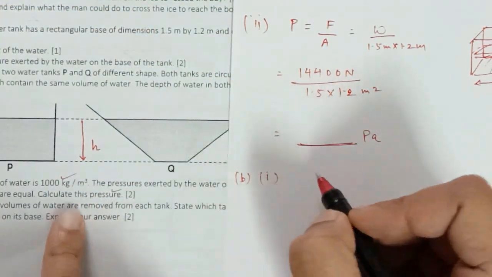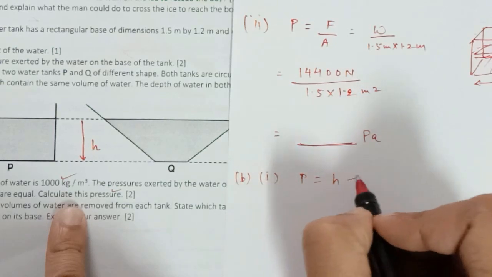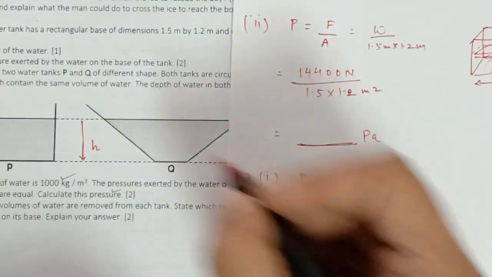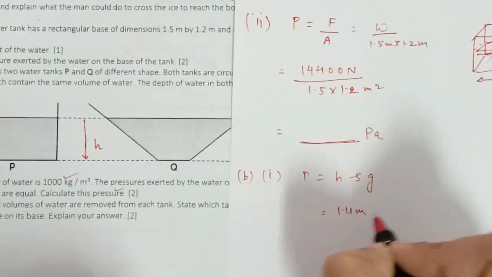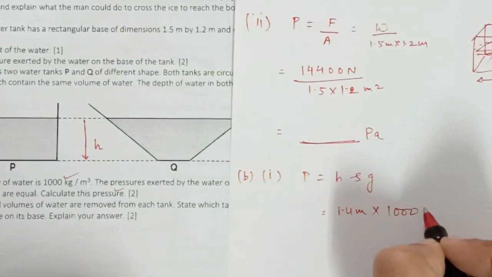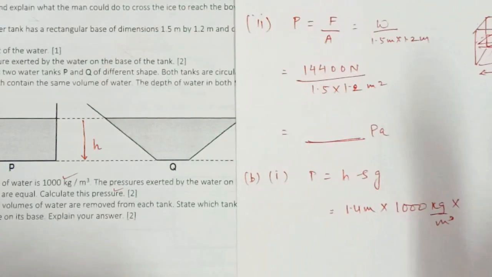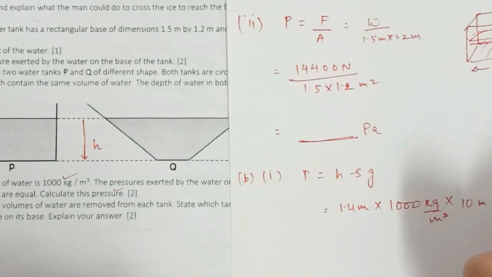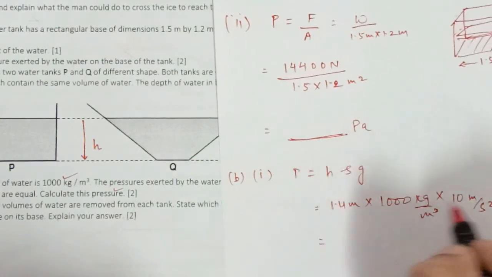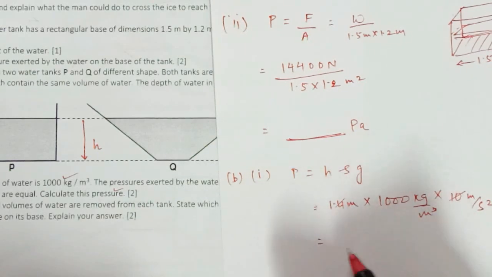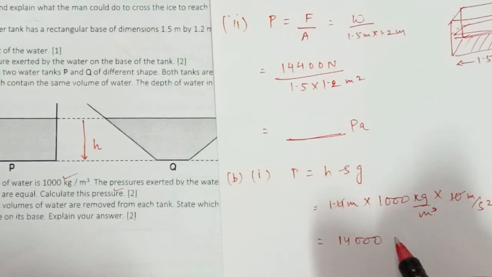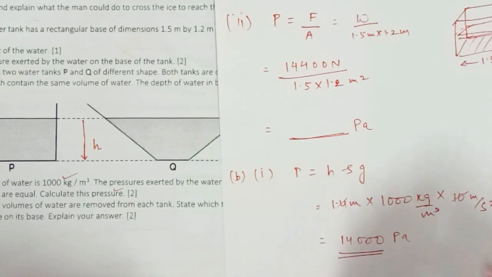First part: pressure is equal to H rho g, right? H is the depth, which is 1.4 meter. Density of water is 1000 kg per meter cube. g, if it is not given, we can take as 10 meter per second square. So this is 14 into 1000, which is 14000, and this is Pascal. So the answer is 14,000 Pascal.